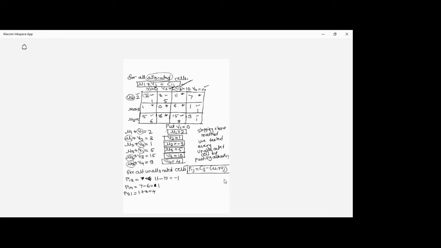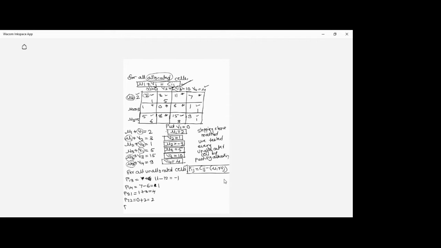For the next cell we have P22. What we'll be writing is 0 minus (minus 3 plus 1), that is minus 2, so minus minus 2 becomes plus 2, and 0 plus 2 gives the value 2, right?